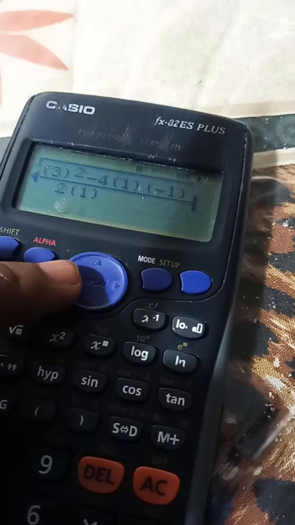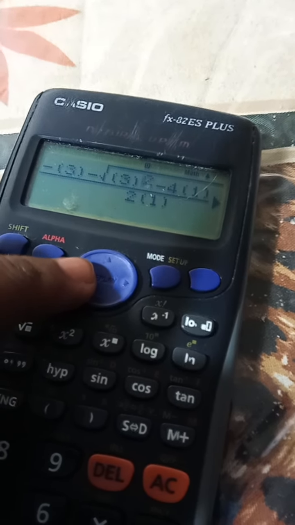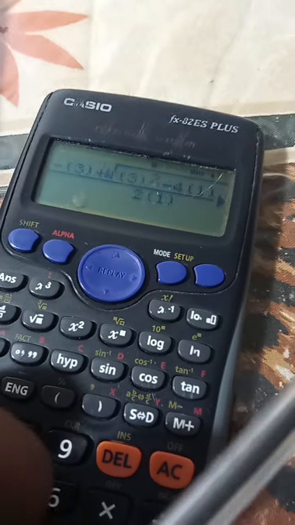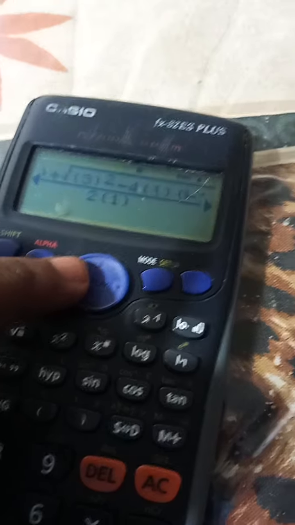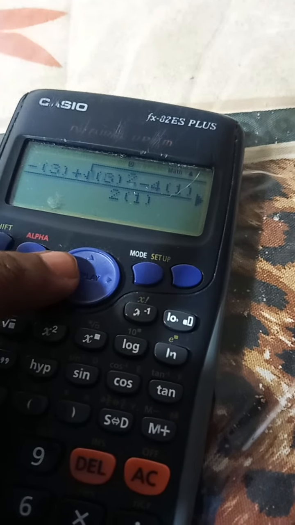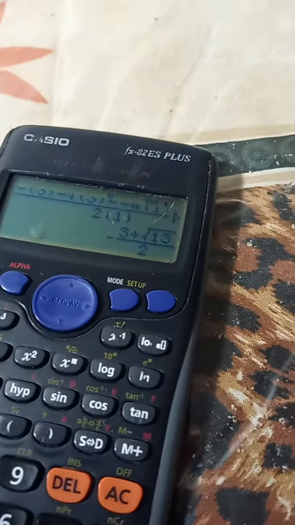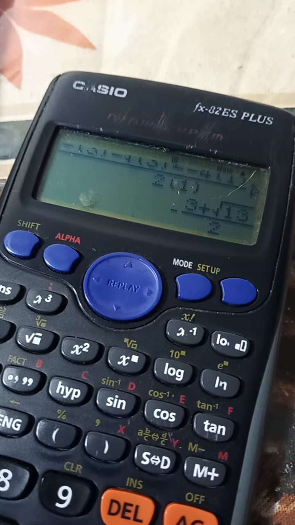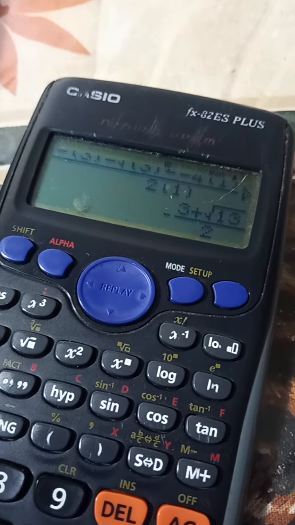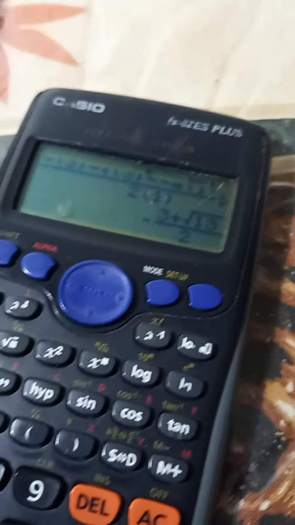Let me check something first. Plus negative 3, okay. Minus, oh, and this one is a minus. No, they are not the same. Minus 3 minus the square root of 13 all over 2. This is in the surd form.